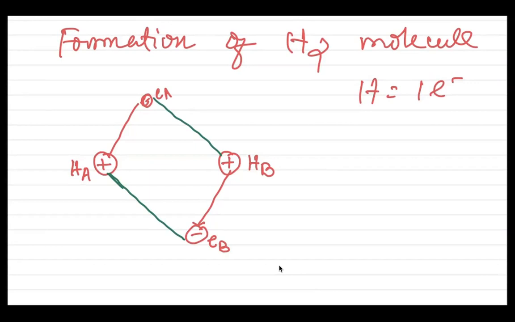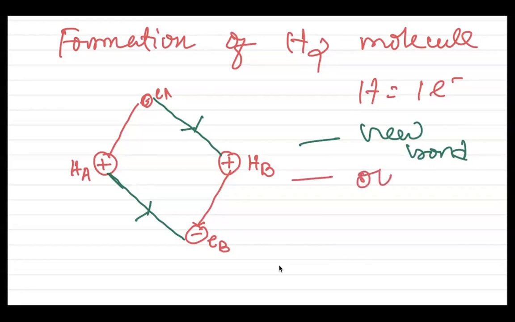These are the new bonds. The green colored ones are new bonds, and the red colored ones are old. Okay, this thing is clear.